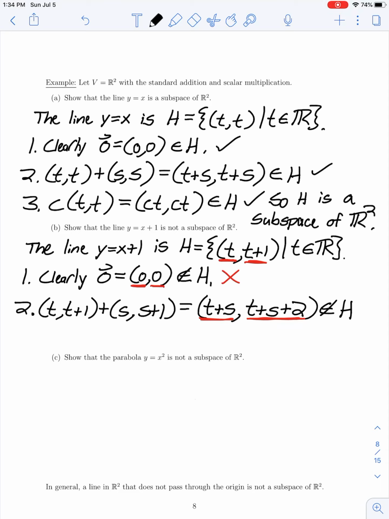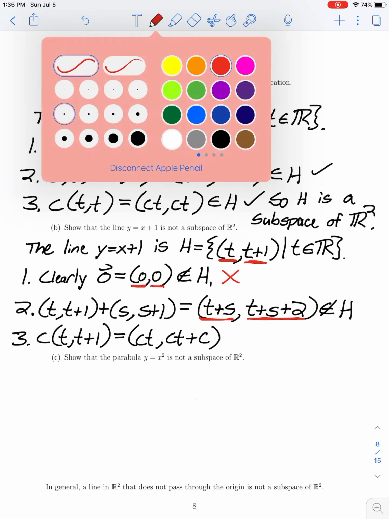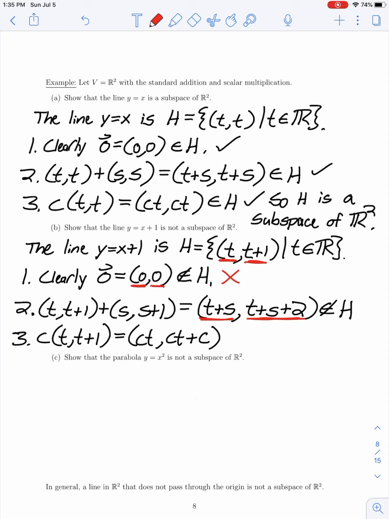Now it's also not closed under scalar multiplication. If we have some scalar, c, and we multiply by a vector of the form (t, t+1), some vector in our set H, then we would have the vector (ct, ct+c). So we see here that our second coordinate is the value of the first coordinate plus c.